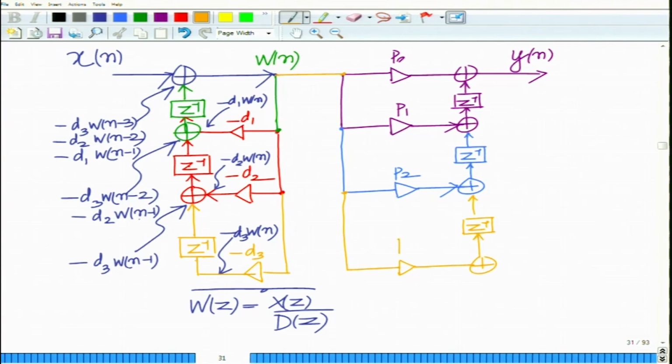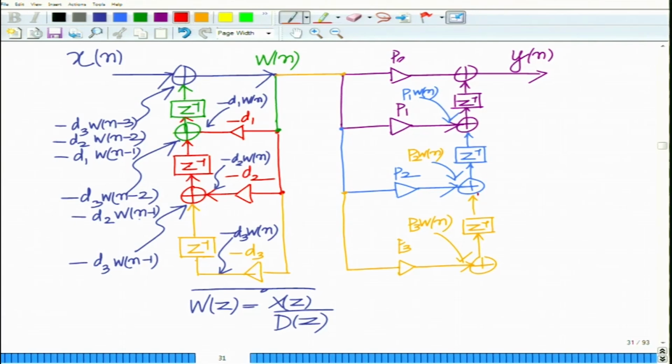So, that will give me, the gain is P3, and so what you have here is basically you can see, let me just mark this, at this stage you have P1 W[n], at this stage you have P2 W[n], and at this stage you have P3 W[n].